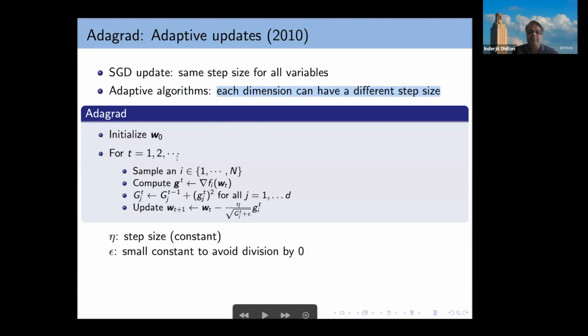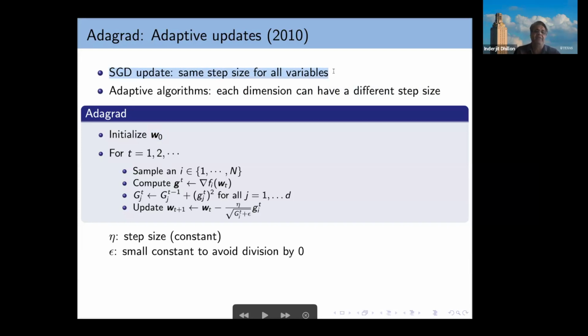Remember that my W naught is some d-dimensional model, and like I said, d can be very large, in the billions or hundreds of billions. So when I do SGD, the SGD update uses the same step size for all the different dimensions, for each of the possibly 400 billion dimensions.